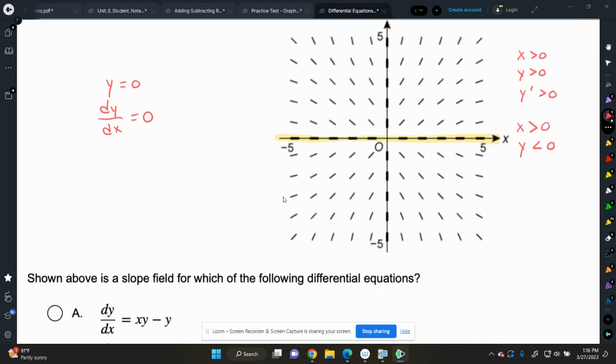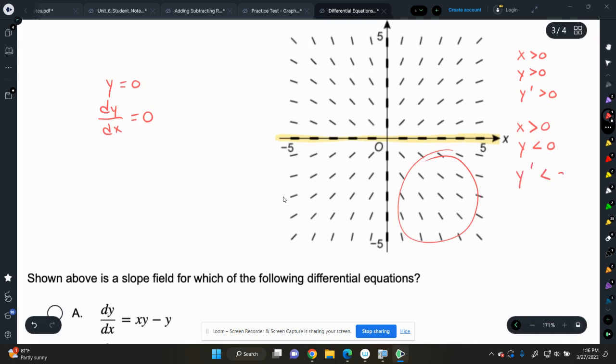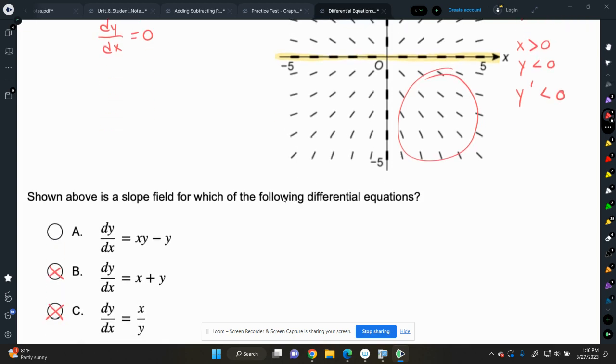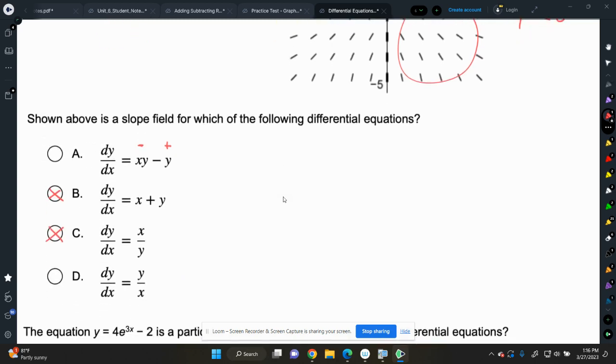Looking at these slopes, x is positive, y is negative, dy/dx is what? Negative. So when x is positive and y is negative, I have a negative number here and a positive here. Not sure if that's always going to be negative, but if I look at this one, if x is positive and y is negative, this will always be negative.